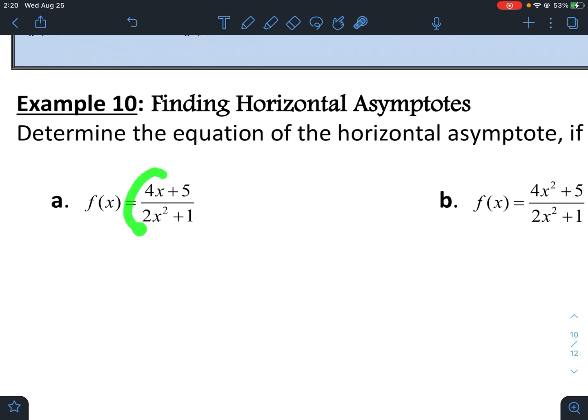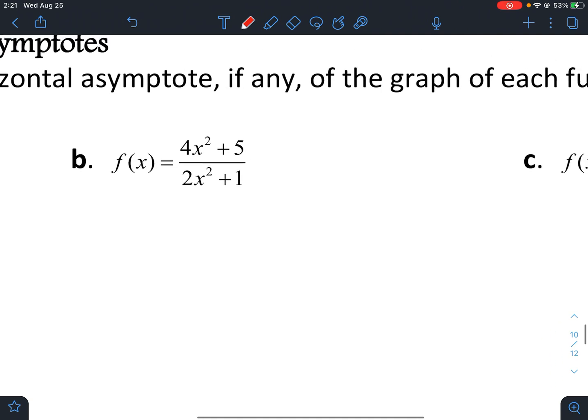However, if you know your pre-calc methods, since the denominator is higher, we know the horizontal asymptote is at y equals 0. So if I did do the limits, I would get 0 on either side as x approaches infinity or negative infinity. So here's where the pre-calc shortcut can come in handy.